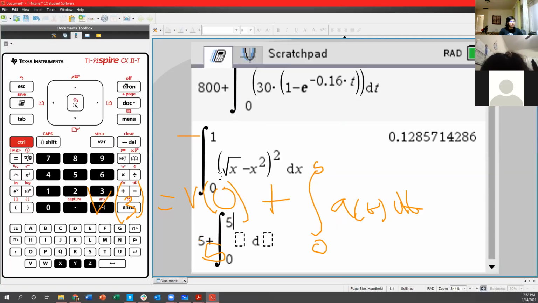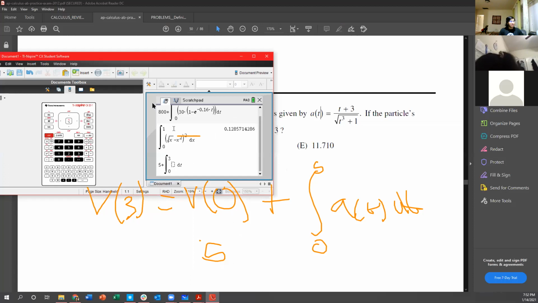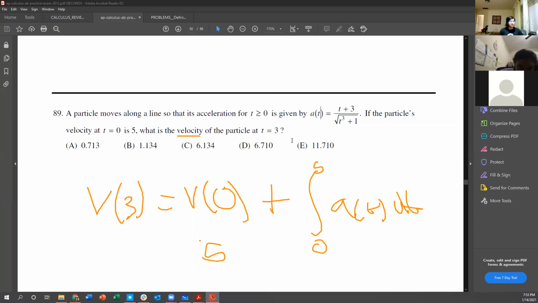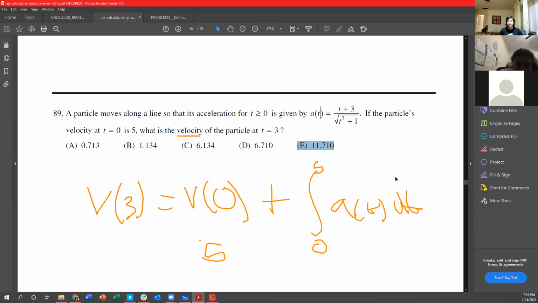So this integral from 0 to 3 of a of t dt. What is the acceleration? It is t plus 3 in the numerator and square root of t cubed plus 1 in the denominator. This value is 11.710. The answer is E.